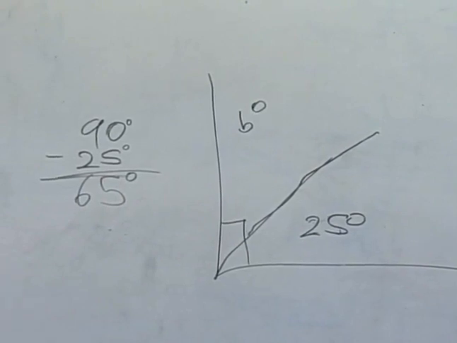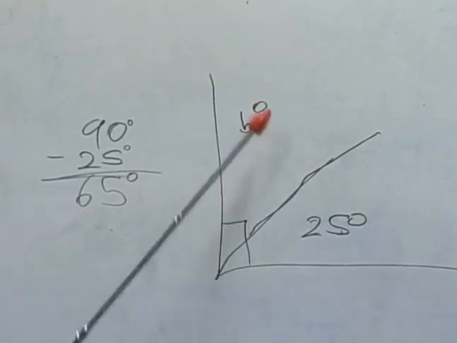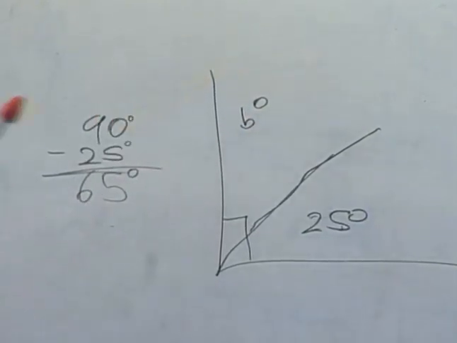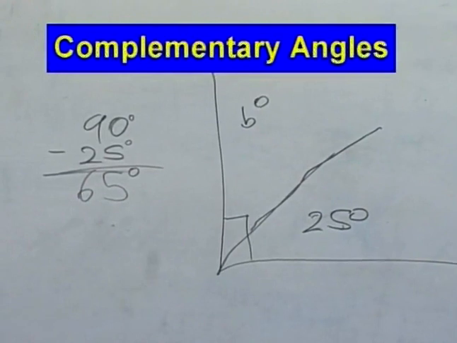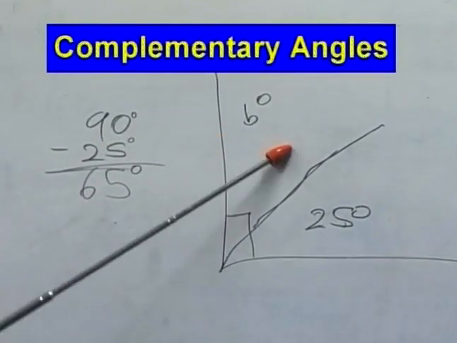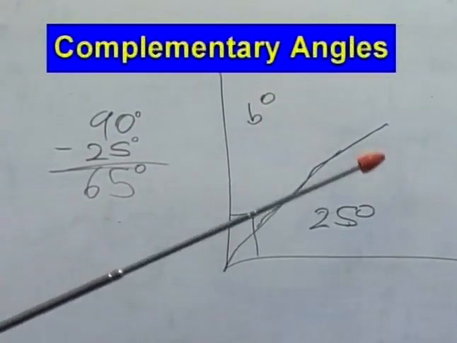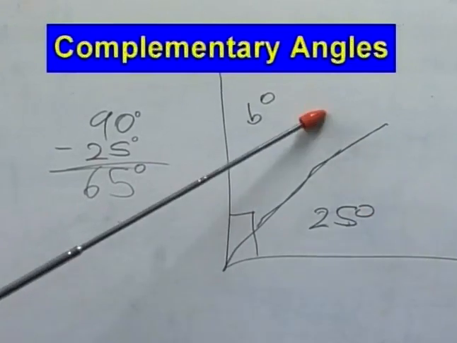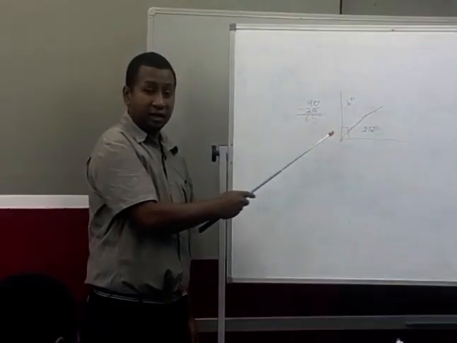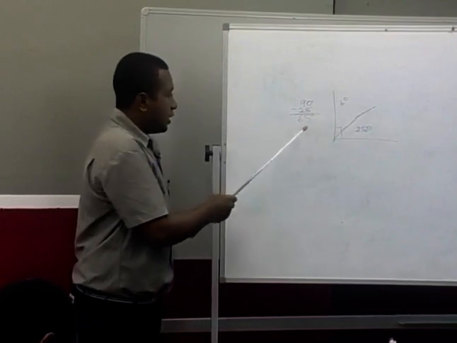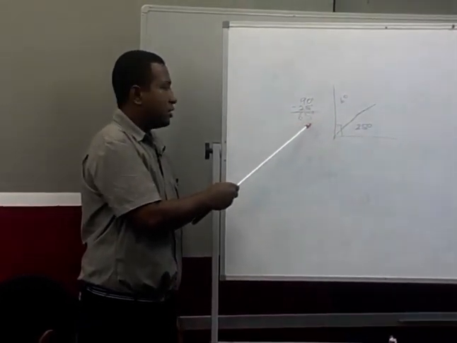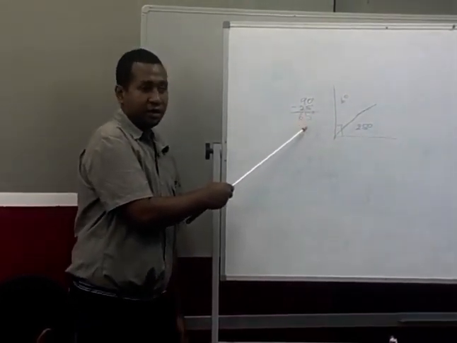Okay, very good. These two angles are known as complementary angles, because one angle is complementary to the other. So they add up to 90 degrees. Is that clear? So the unknown angle is 65 degrees.